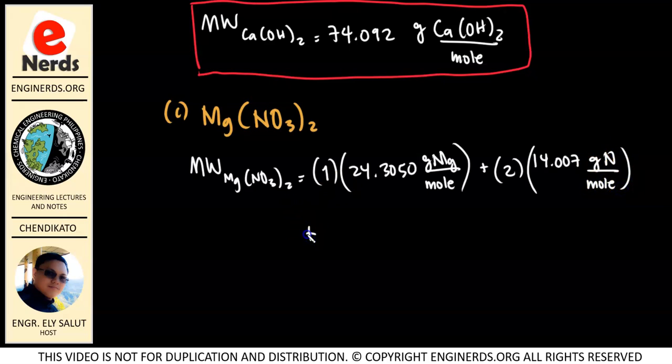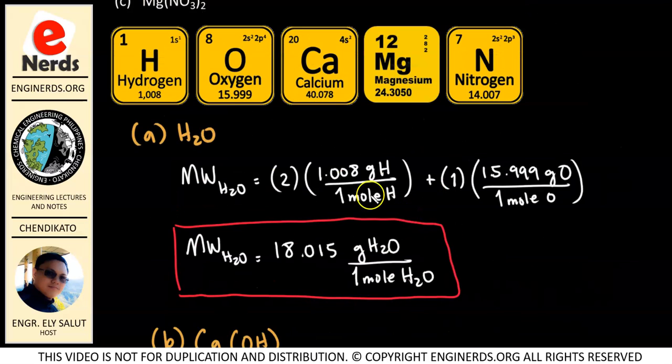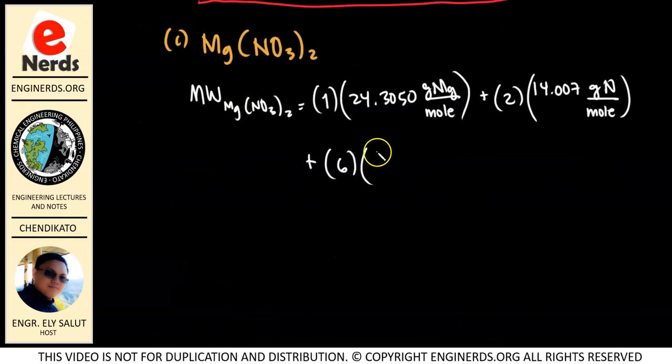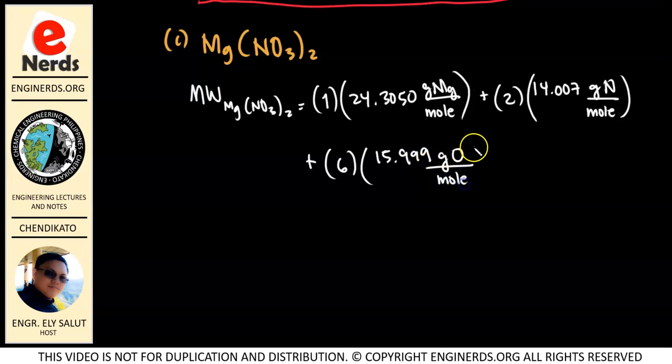Then plus, for our oxygen, how many atoms of oxygen do we have? So 3 times 2 will be 6. Now multiply that to the atomic weight of oxygen, which is 15.999. No? So we have 15.999 grams of oxygen per mole.